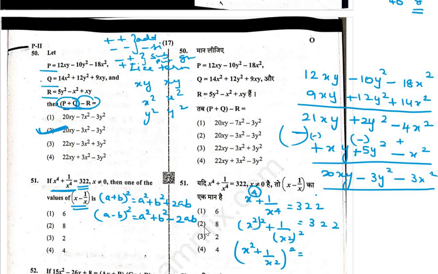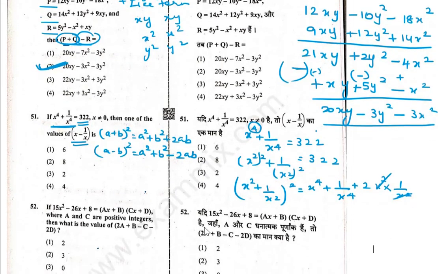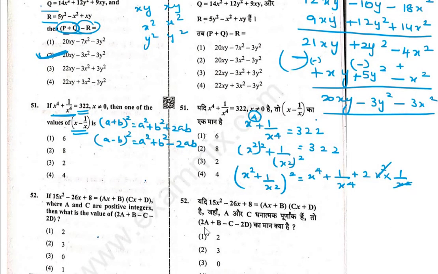Use the a plus b the whole square formula: a squared plus b squared plus 2ab. 2 into x squared, b means 1 by x squared, x squared will be cancelled. So this will be equal to x power 4 plus 1 by x power 4 plus 2. This value we know, 322, plus 2, so 324.